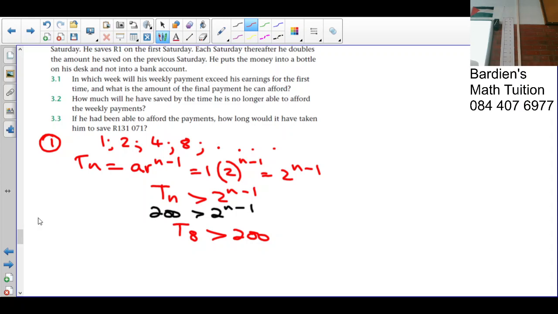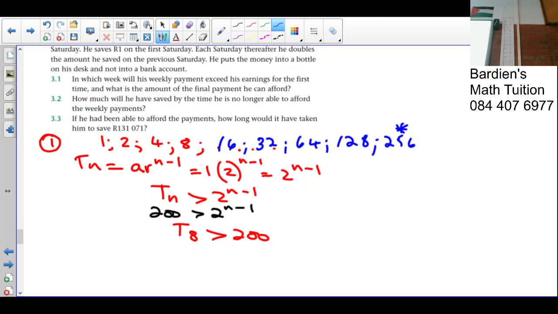You've got 1, 2, 4. What would you have paid the next time? 8, 16 rand, and then 32 rand, and then 64 rand, and then 128 rand, and then 256. Can you see it is over already? Does it make sense? In other words, it's 1, 2, 3, 4, 5, 6, 7, 8.